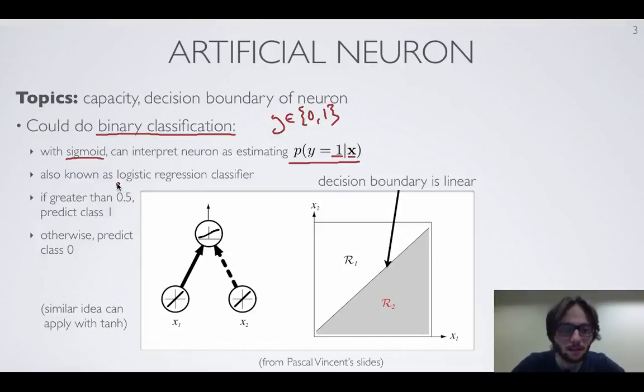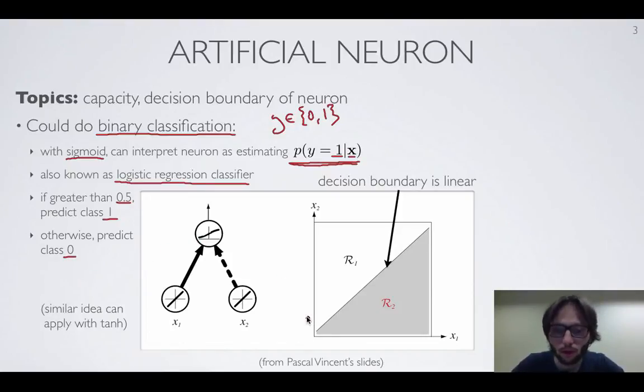This exact form for a classifier is known as a logistic regression classifier. If the neuron's estimate of the probability that x belongs to the class 1 is greater than 0.5, then we categorize the input into class 1, and otherwise the classifier predicts that the input belongs to class 0.